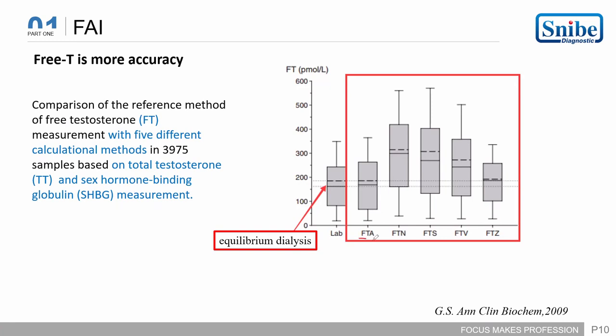You can see these are the five different calculation methods, 1, 2, 3, 4, 5, compared against equilibrium dialysis, the reference method, which gives you the reliability of the calculated free testosterone.